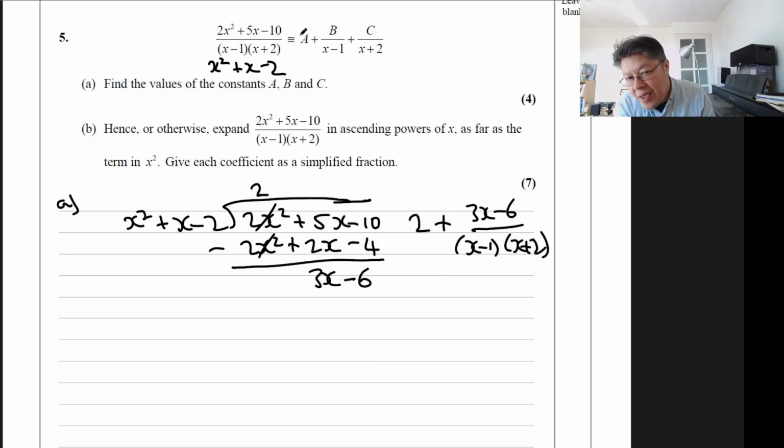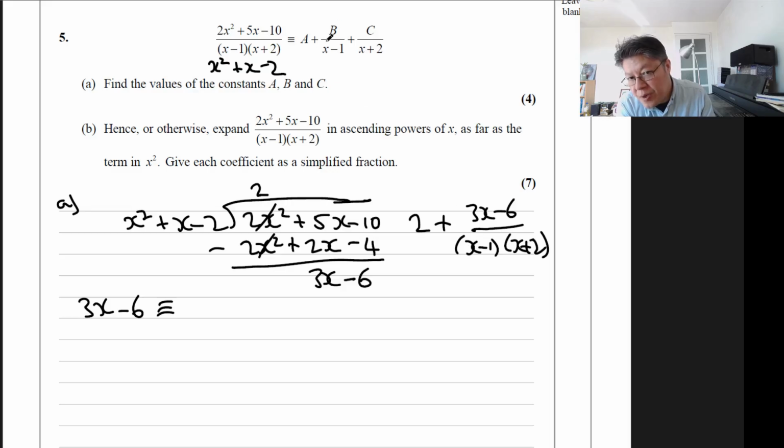And we can see that A is now 2. To get the B and the C, we're going to do partial fractions on this bit over here. So let's just write it: 3x − 6 is identical to, and it should be this bit here, we're going to make the denominator (x − 1)(x + 2).